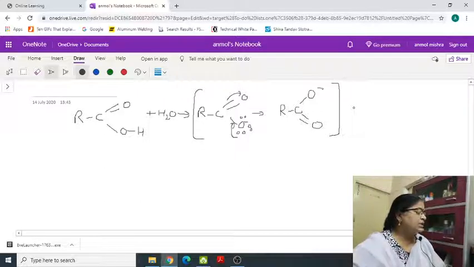Therefore carboxylic acids are stronger acids than phenol.